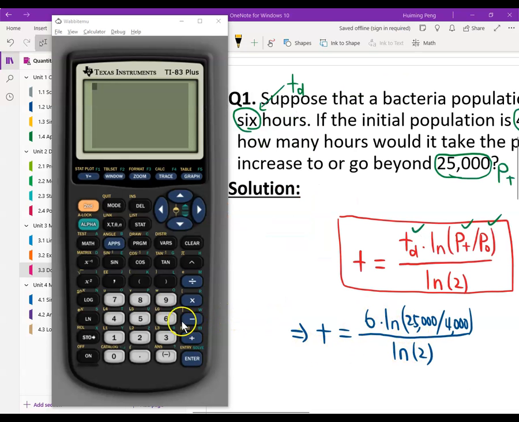Let's evaluate. So, 6 times ln, natural logarithm, which is here on the left side. Now we type out the number. Don't miss the parentheses. That's the numerator, right? And then divided by the denominator, which is ln of 2, with parentheses. Enter. We get the value, which is 15.86.